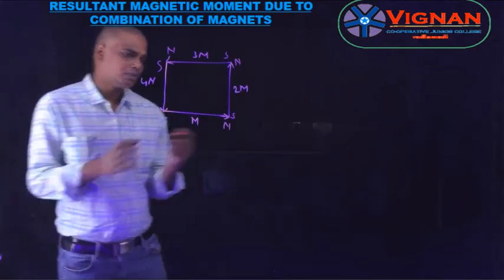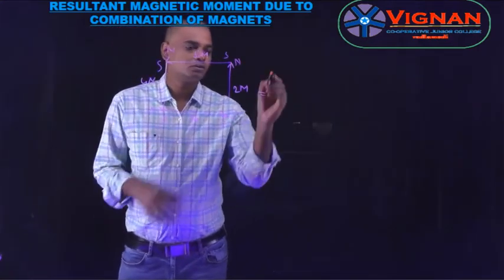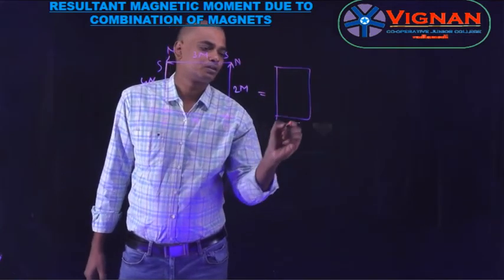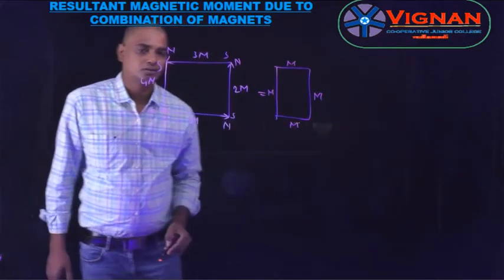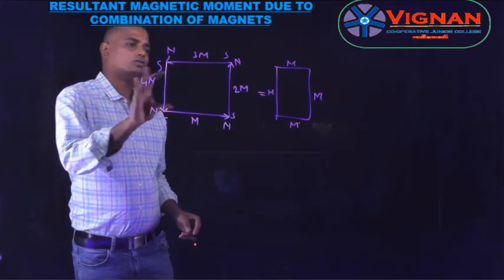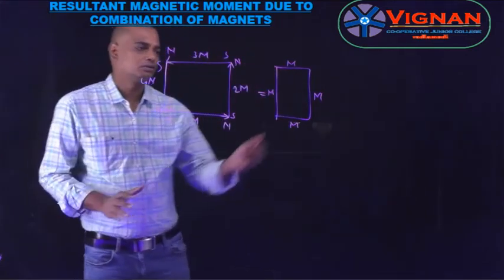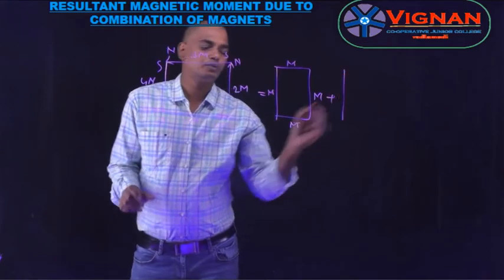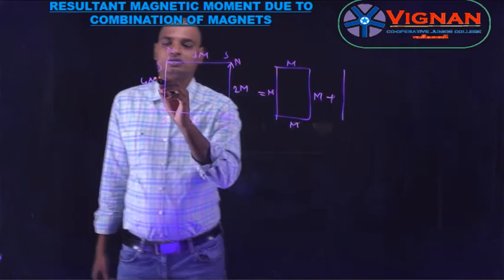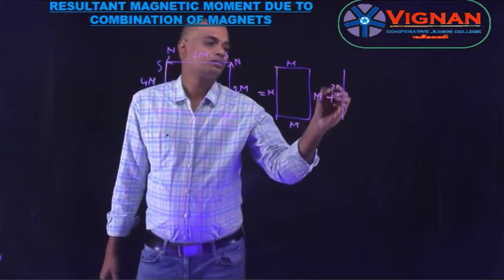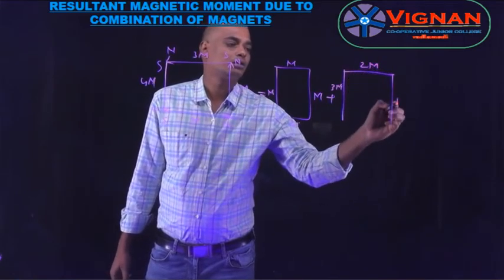Here, in a similar manner as we observed before, we can simplify like this. I am taking out one square whose magnetic dipole moments are equal, m, m, m, m. Then the remaining will be only 3m, 2m and m.